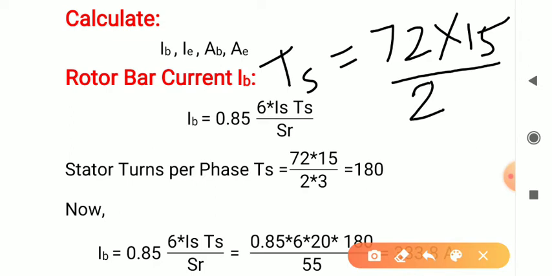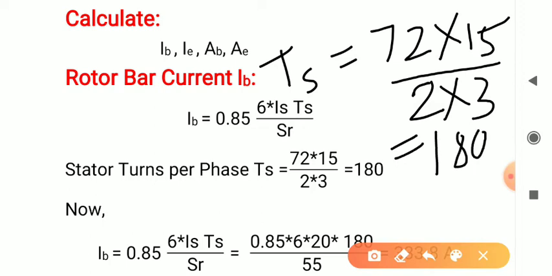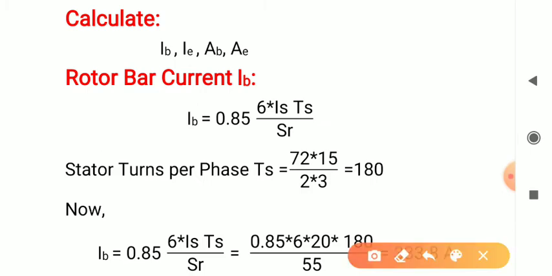These many turns are used in all three phases. To calculate the number of turns per phase, we divide by the number of phases, 3, and if you calculate this, you will get 180. So the number of turns per phase of the stator is 180.